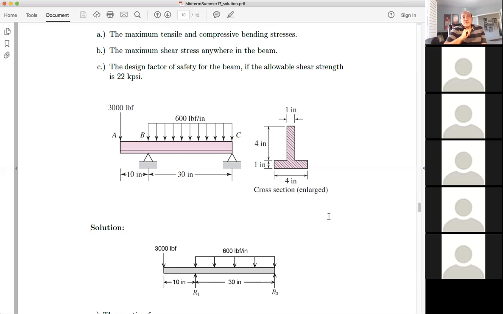Then next, we want to find the bending moment distribution and find out where is the maximum bending moment. And then we have to investigate at the maximum bending moment, what is the normal stress and what is the corresponding maximum shear.